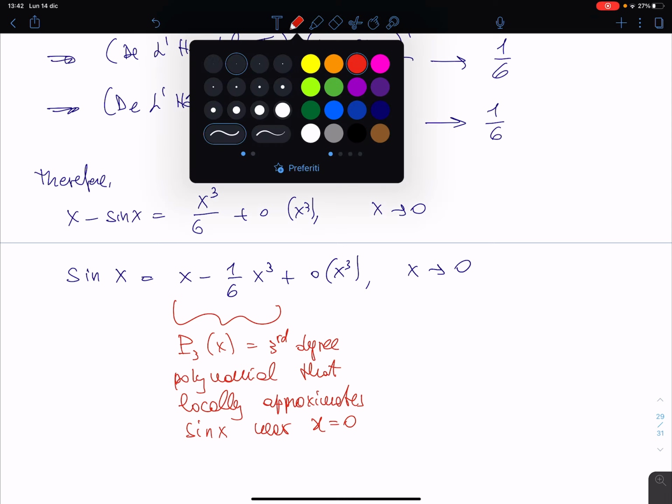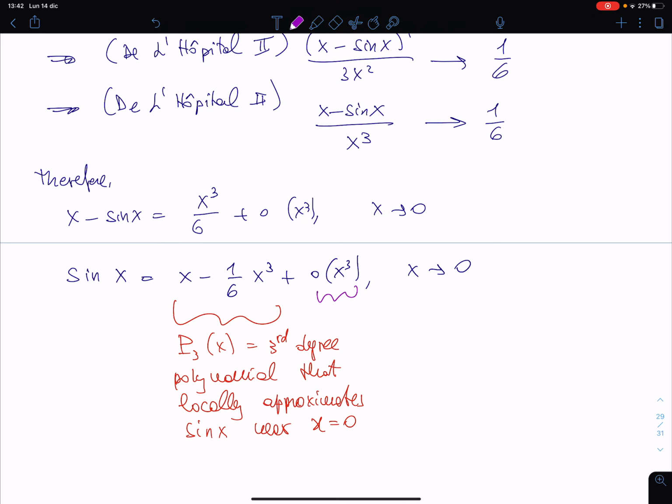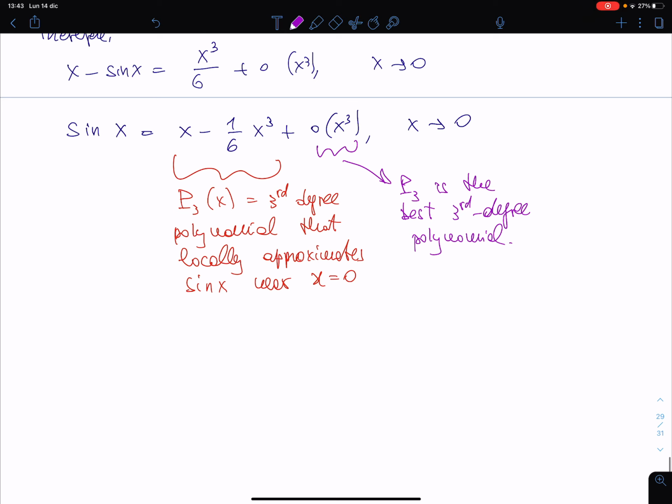And the fact that the remainder here is little o of x cubed means that P3 is the best third degree polynomial. Okay? So this is extremely important to stress. And again, you can try to prove it, and if you understood how to do this, it is really simple.